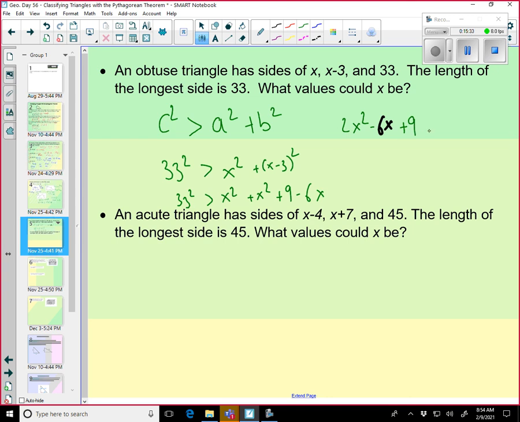Otherwise, let me simplify 33 square first. 33 square is nothing but 1089. So we have 1089.